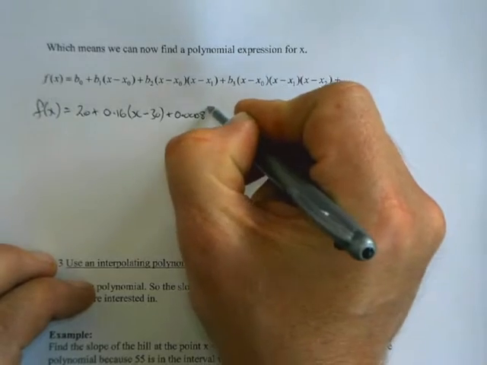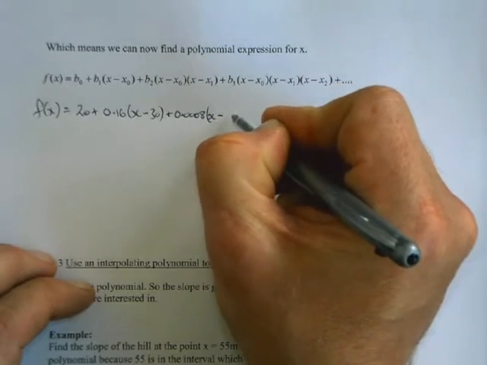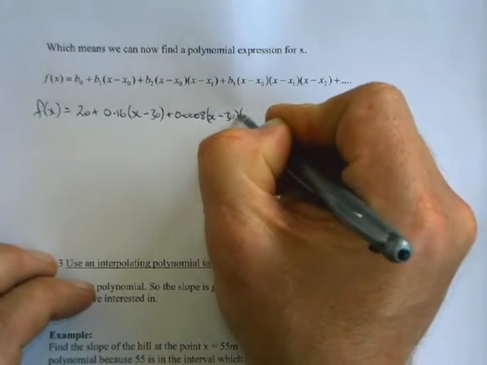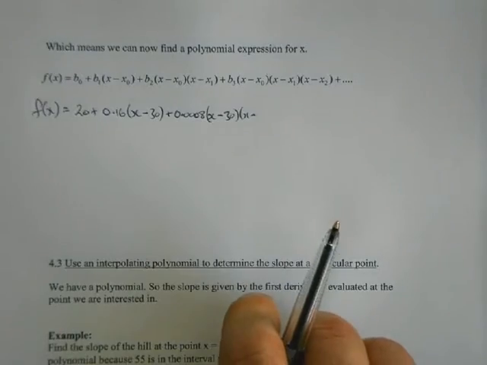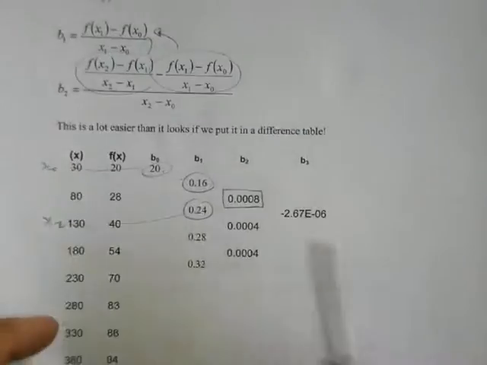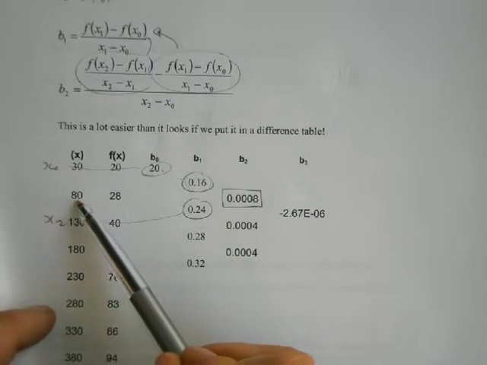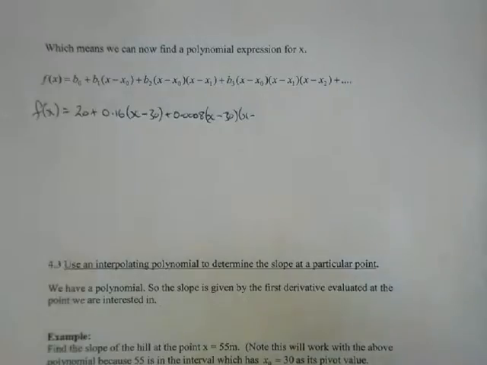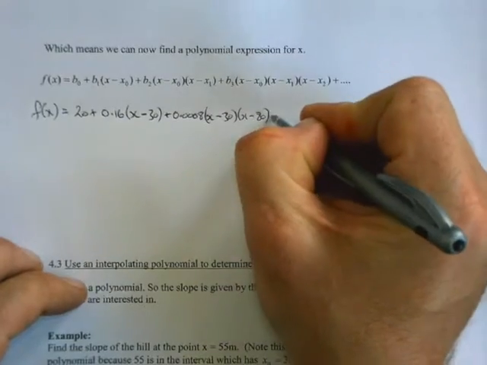How many zeros? 3 zeros, better get that right. Times (x minus x0), we've already had, which is 30, times (x minus x1), well x1 is this number in the middle here, which is 80.